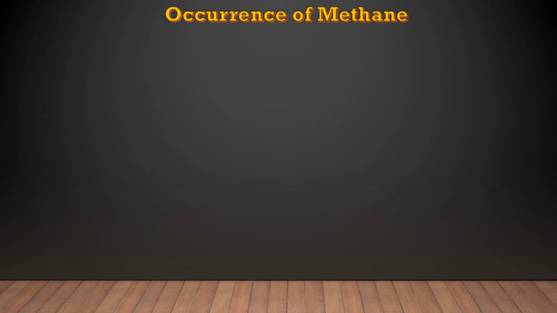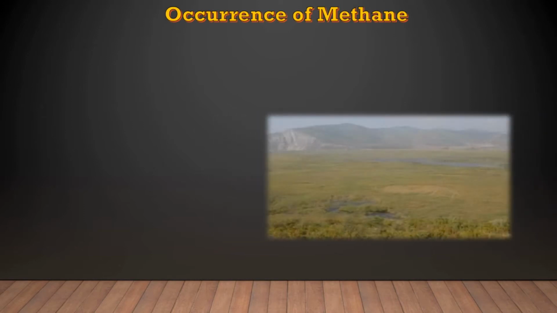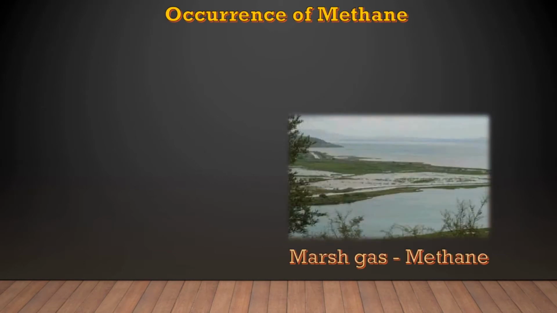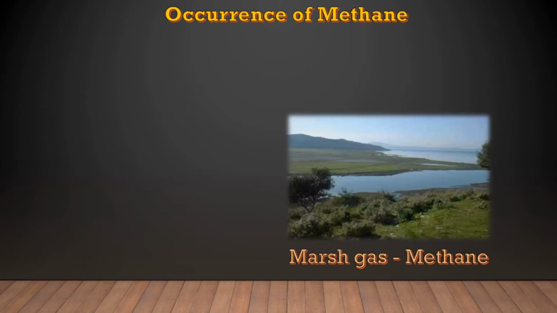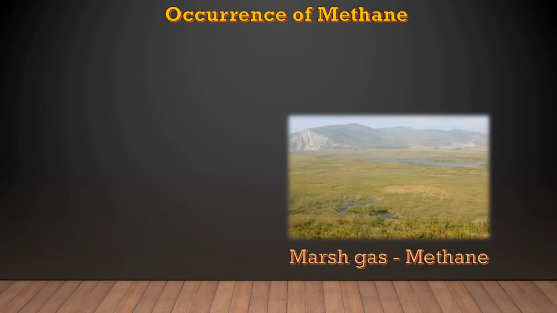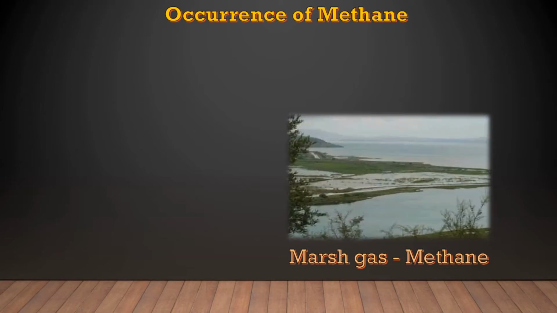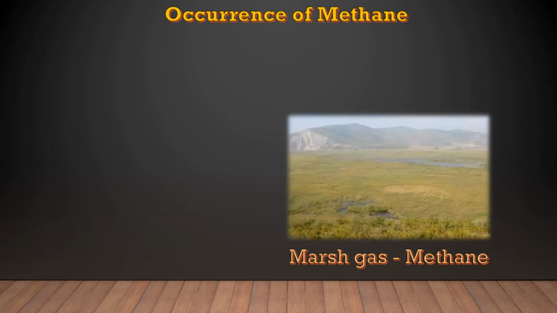Let us know about occurrence of methane gas. Methane is found at the surface of marshy places, which is why it is also called marsh gas.